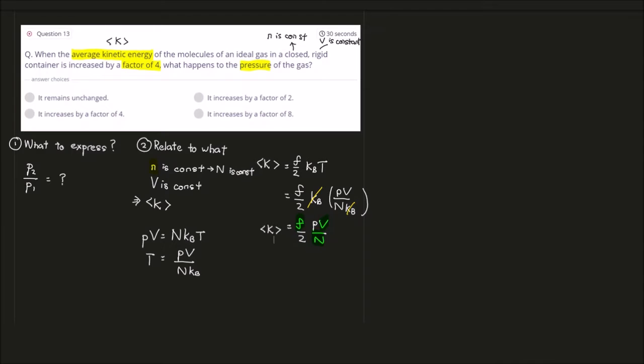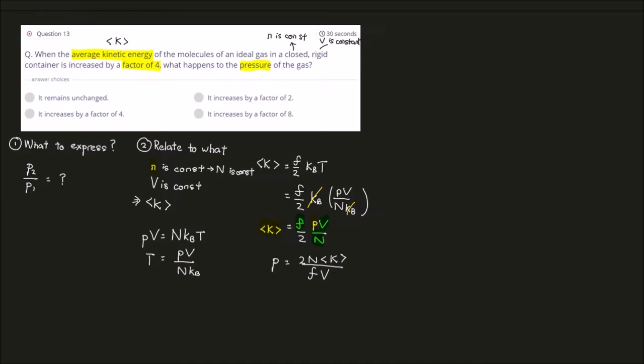So essentially what you're comparing here is the relationship between average kinetic energy and pressure. But again, we want to express things in pressure, so let's rearrange the equation. So it can be 2N average kinetic energy divided by degree of freedom times the volume of the container. So this is the equation that we get.